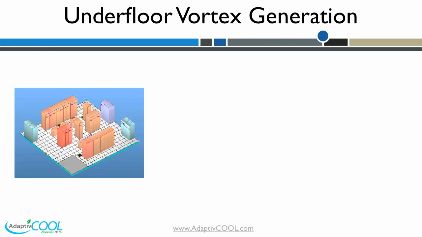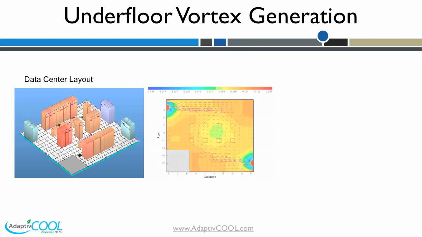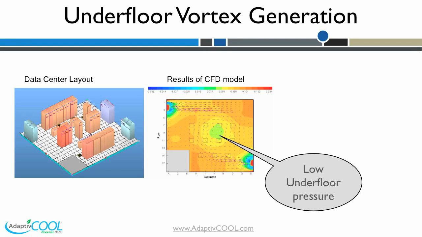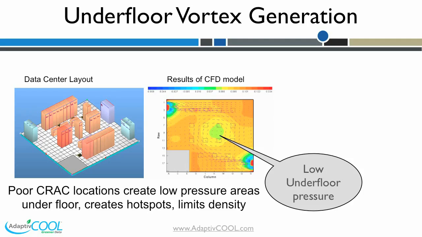In most data centers, you can find spots where the underfloor pressure is lower than in other areas. Sometimes this could be in a cold aisle, leading to low or negative airflow discharge from the floor. The primary cause is that due to the rotating airflow pattern caused by CRAC placement, underfloor vortices are created.